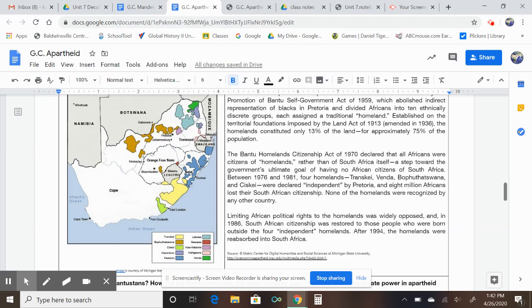And so what that did was it stripped the citizenship away from the Black South Africans. If you're not a citizen, then you can't vote. So that's really what it was coming down to. They were stripping them of any kind of voting rights that they could say they have if they were a citizen of South Africa. Well, no. You're not a citizen of South Africa. You're a citizen of this Bantustan or this homeland that I've assigned you. That's what they were doing.